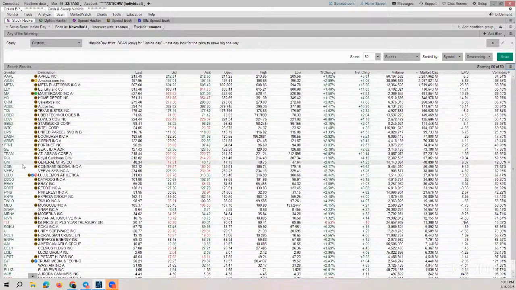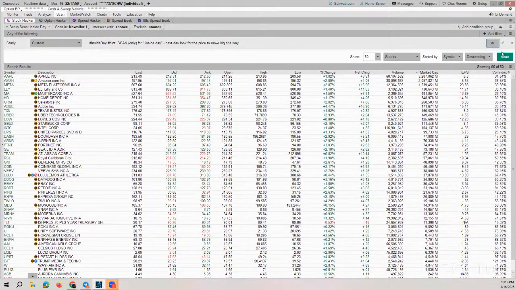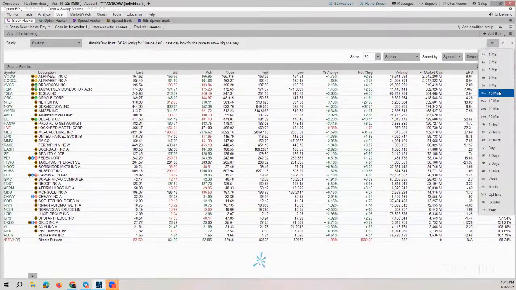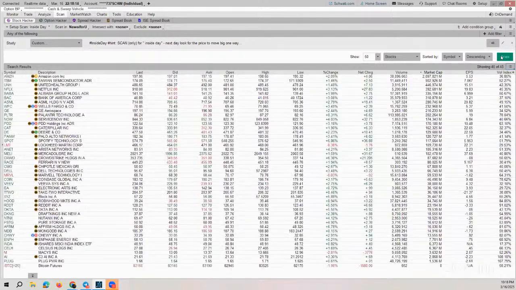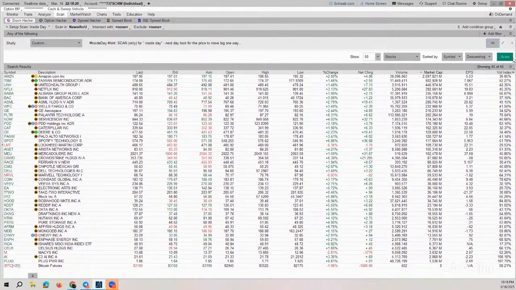Everything is almost in the inside day. So I'm going to move this to inside. I'll do double inside day, like a two-candle day. Still we have big ones. Let me do a 4-candle inside day, like the time frame is 4 days. Wow. It means on the weekly basis as well, we are going to have some massive list.